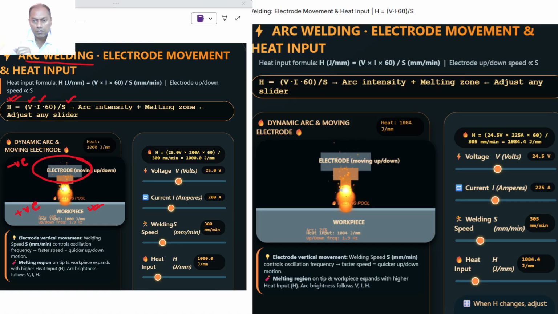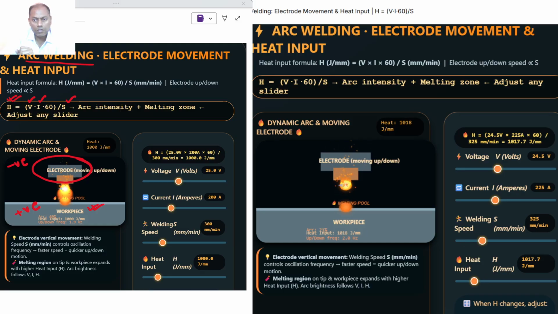Now the third parameter which affects the H value is welding speed. When you are increasing the speed S, see, this electrode is moving up and down, controlled depending upon the experience of the operators. Nowadays in modern technology, this up and down movement of the electrode is automatically controlled to get better welding quality.